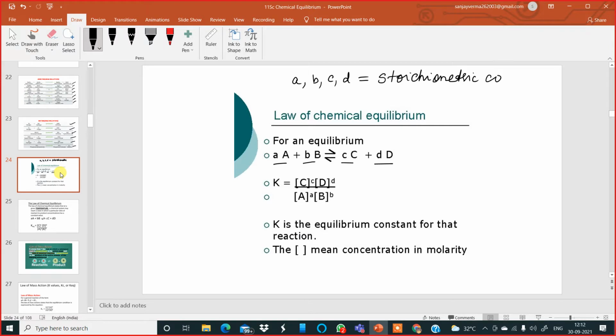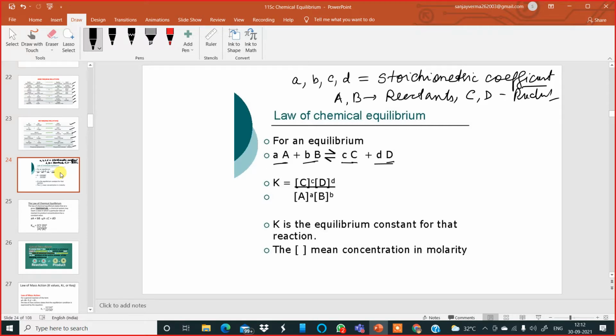Capital A and B are the reactants, and capital C and D are the products. These small a, b, c, d are the stoichiometric coefficients, which are whole numbers, 1, 2, 3, 4.